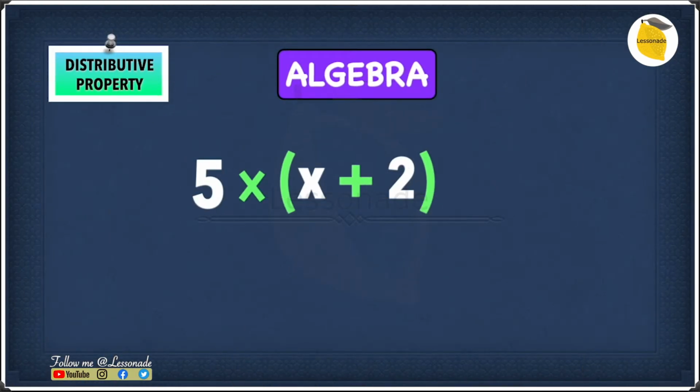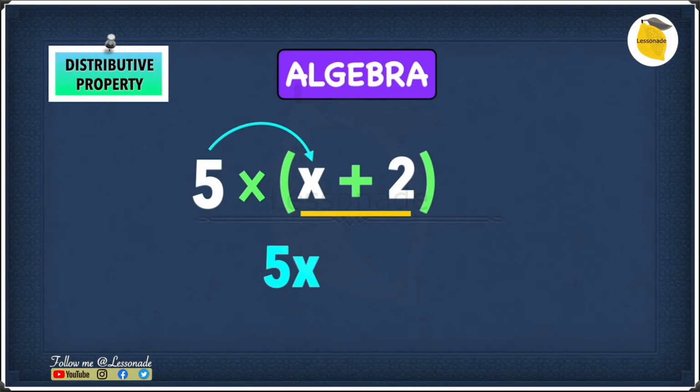Now, let's have a look at this example, which is 5 times grouped x plus 2. Since we can't work out what's inside the brackets because we have x plus 2, and the x is an unknown value, we can't simplify the group first. Instead, we're going to use the distributive property, which means we first multiply the 5 to the x, so 5 times x will give us 5x.